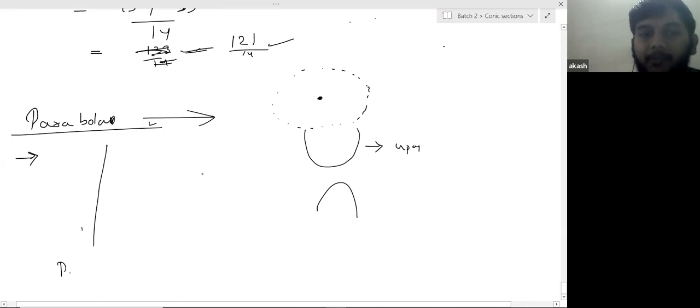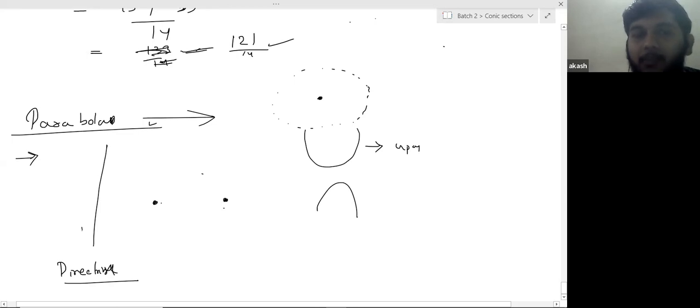This is called the directrix. And there is a fixed point also. There are two things that are fixed. Now we have to take the collection of all the points which are equidistant from these two.